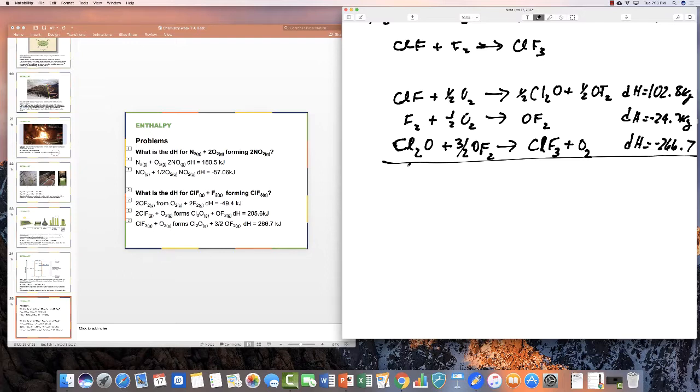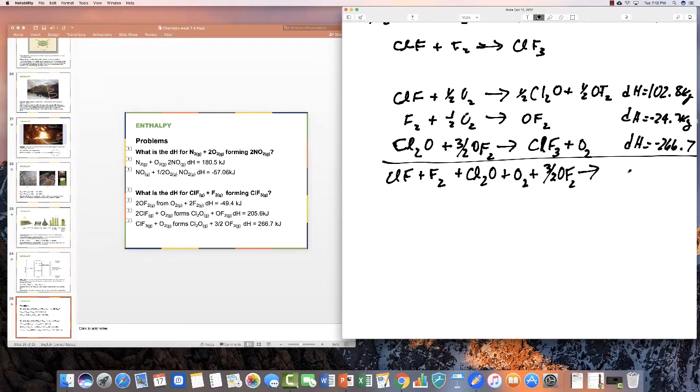Now let's see what happens when we add all this up, okay? If we add all these up, we end up with ClF, which we want, plus F2, which we want, plus Cl2O, plus O2, plus 3/2 OF2. So that's all of these things on this side.